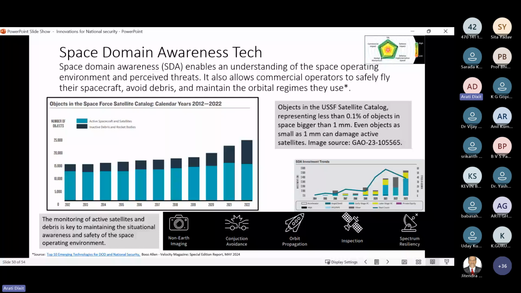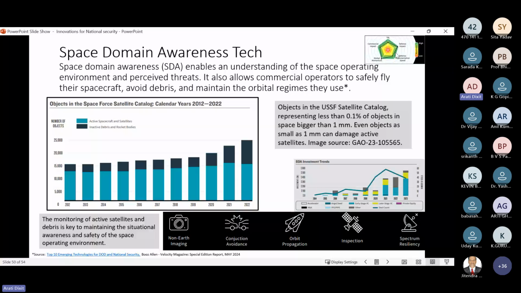We see the amount of active objects and debris on the chart on the left. And yes, we see the radar chart and the investment charts. Great, a huge amount of investment is happening here, and also a huge amount of opportunities to solve problems.